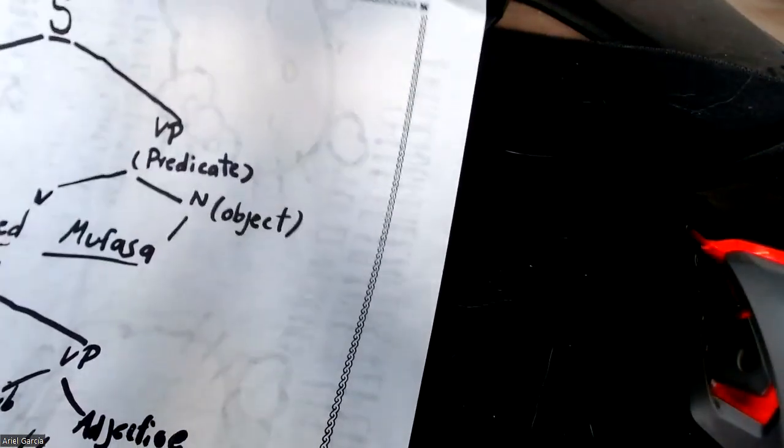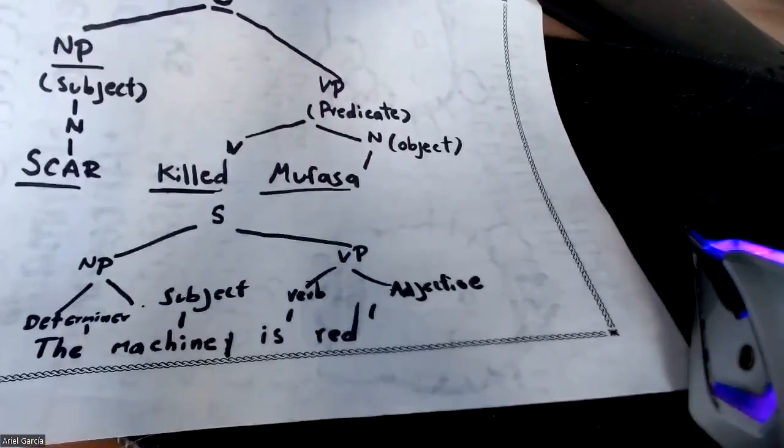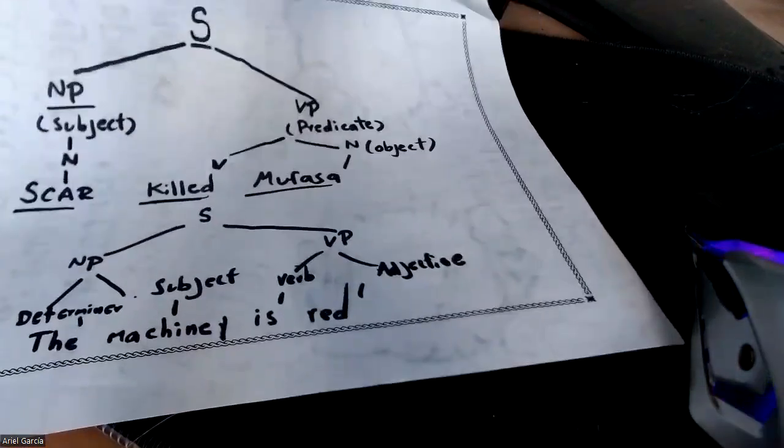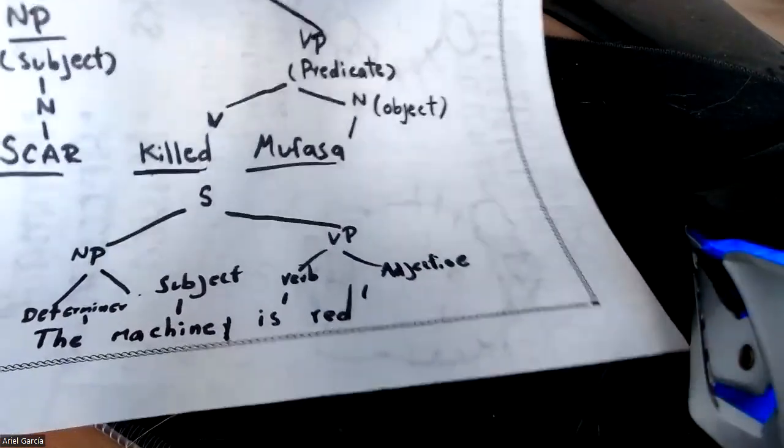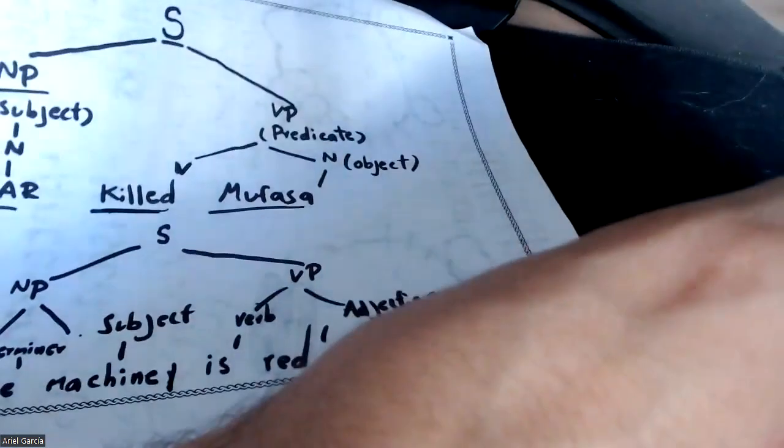If you have any doubt about this, just let me know, and I'm going to send you a picture of this. So basically, this is what we are going to be checking in linguistics. If you have any doubt, just let me know, and I will see you next time.